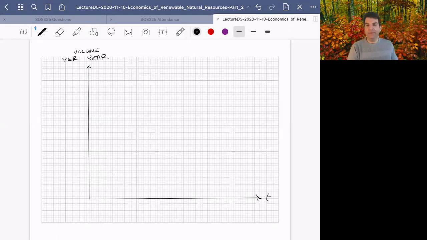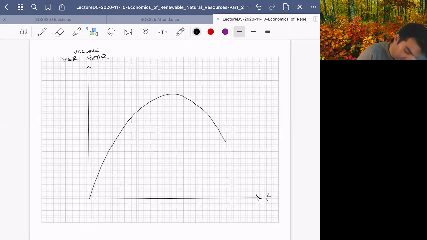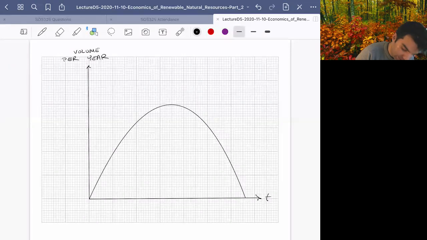And the claim is that there is some MAI function which looks like this. So that there is my MAI, which is V of T divided by T.